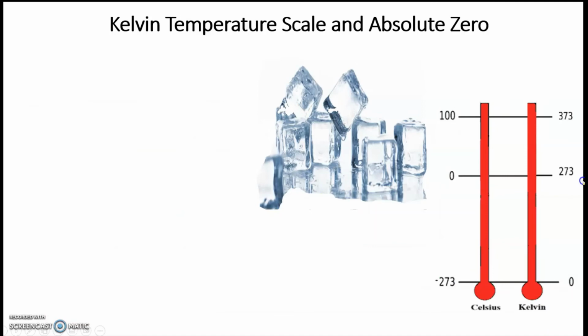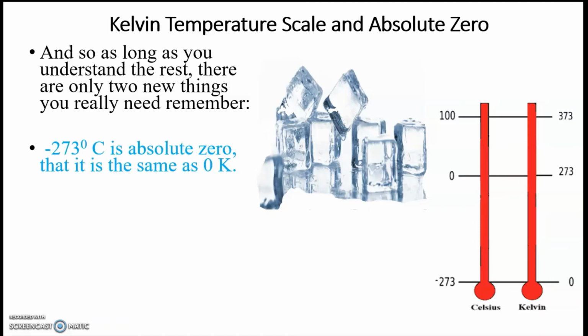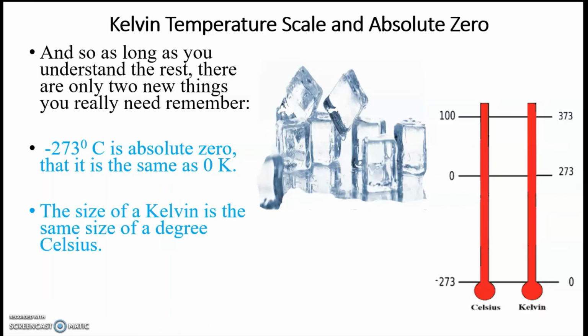All right, so wrapping up and summarizing, as long as you understand the rest, there's only two things you really need to remember. And by understand the rest, basically is just where the freezing and boiling point of water are on the Celsius scale. Anyway, only two things you need to remember. Negative 273 Celsius is absolute zero, and it's the same as 0 Kelvin. And also the size of a Kelvin is the same as the size of a degree Celsius.